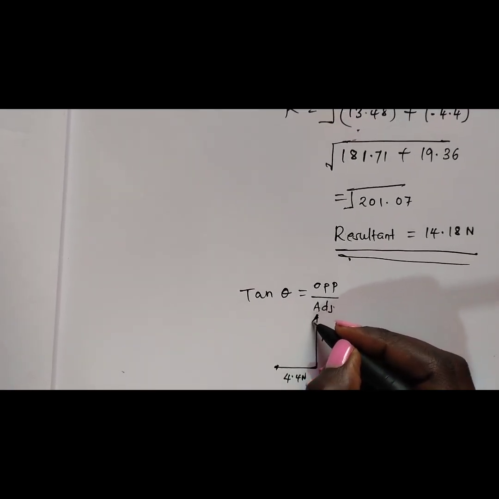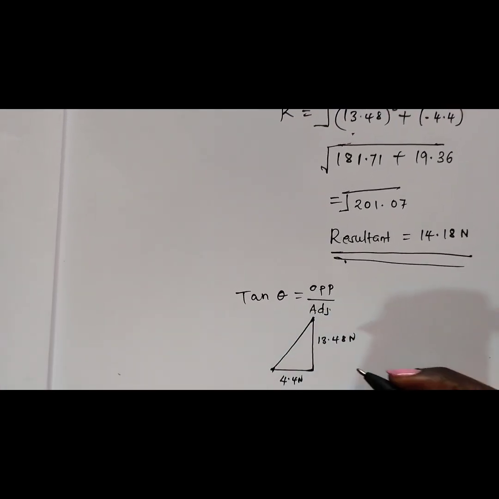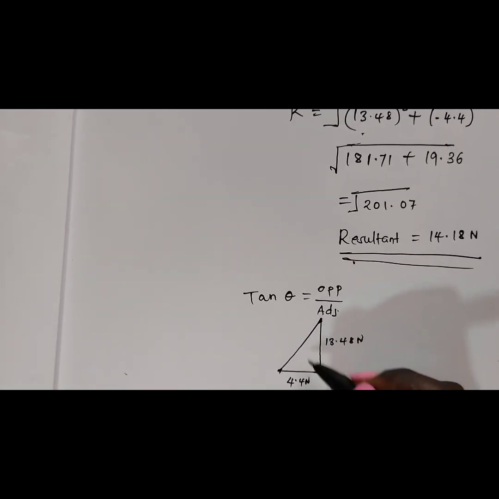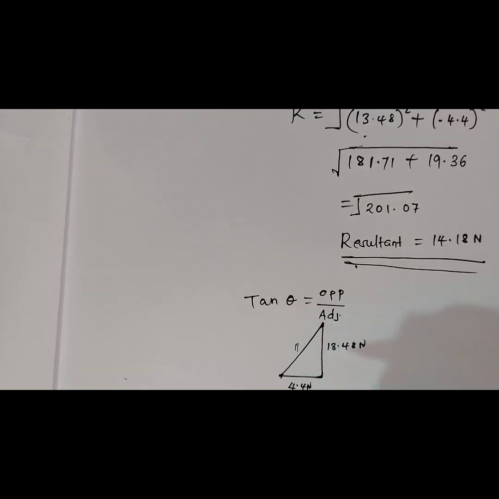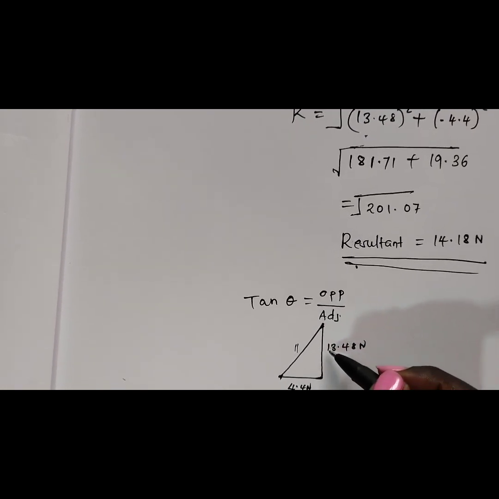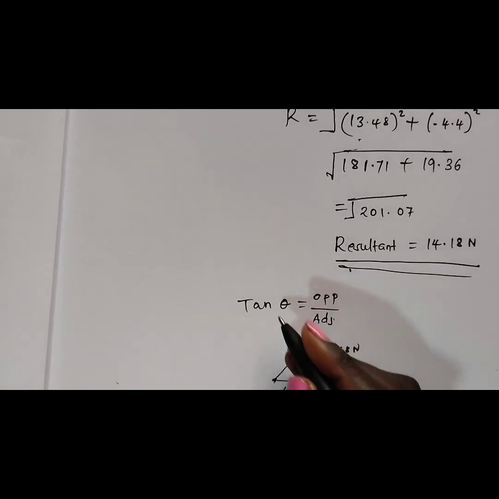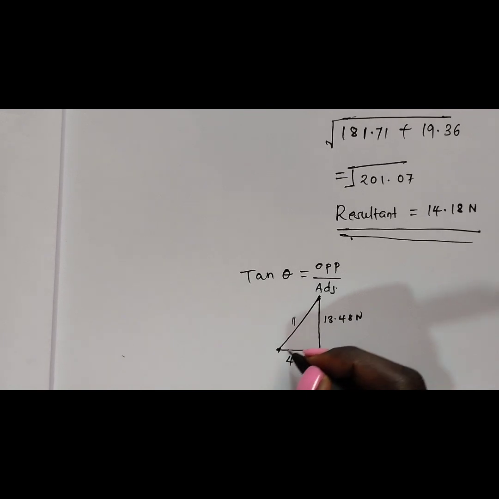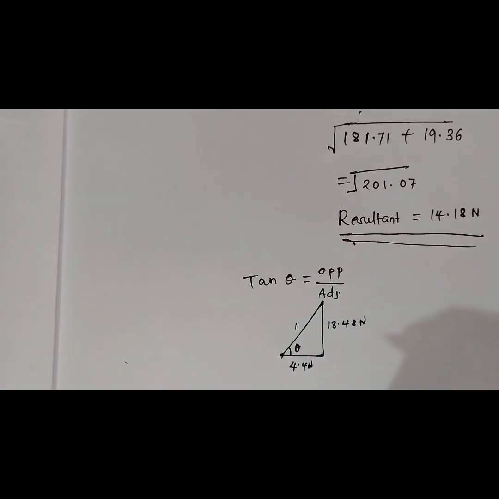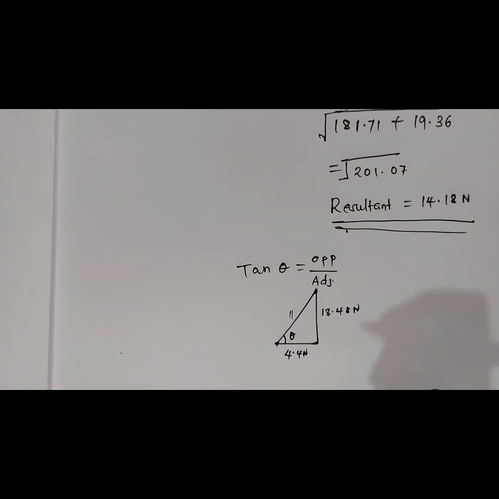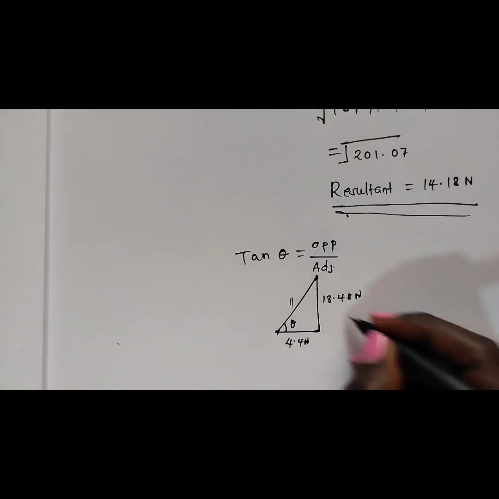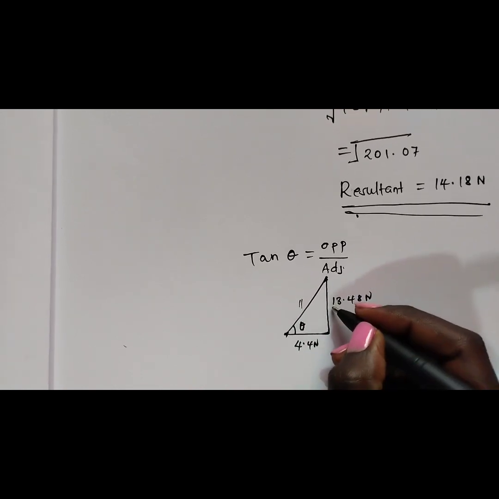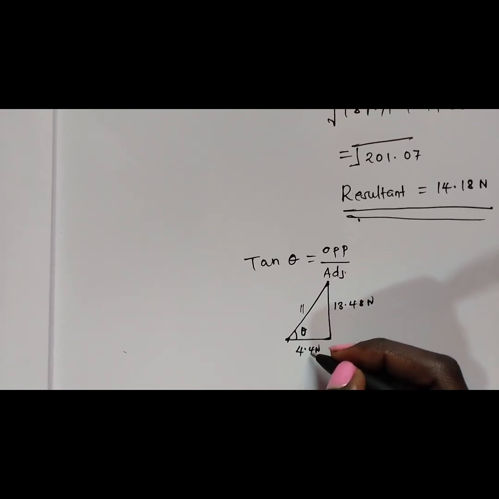The resultant is here. This is what we were doing when calculating, and that's why you have it in the form of a triangle. The hypotenuse here was simply from the square of the vertical and horizontal. Now in finding the direction, our angle theta would be here. If this is our theta, this would be our opposite, and this is the adjacent.